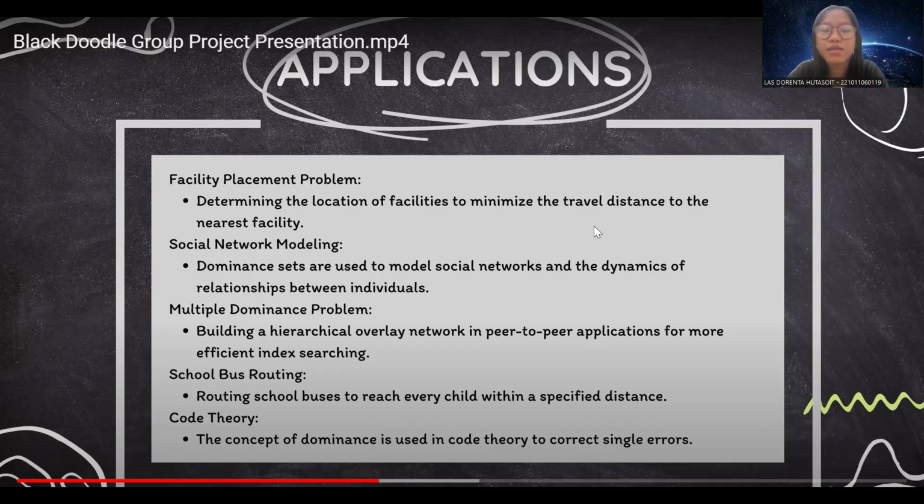An important role is played by multiple domination. Multiple domination can be used to construct hierarchical overlay networks in peer-to-peer applications for more efficient index searching.